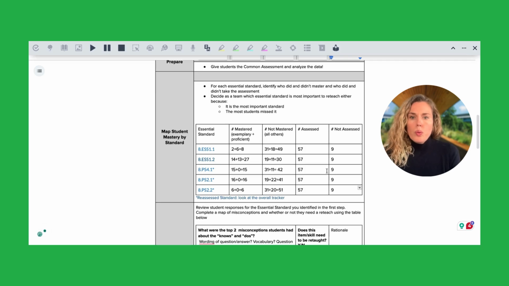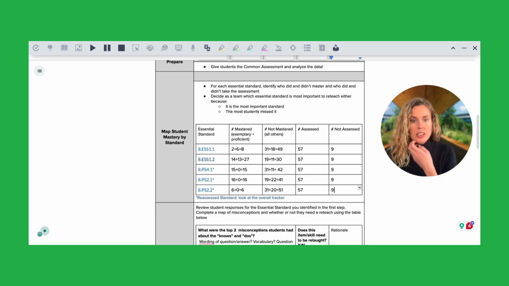When we look at our table that we created here, we can see that we have all of our essential standards that were assessed, and notice that we have the asterisks by the ones that were reassessed. When we look at our new standards, ESS 1.1 and 1.2, we can see that students have a strong understanding of 1.2. We've got about 50-50, but we have a much weaker understanding of 1.1, where we see only 8 students are in that exemplary and proficient.